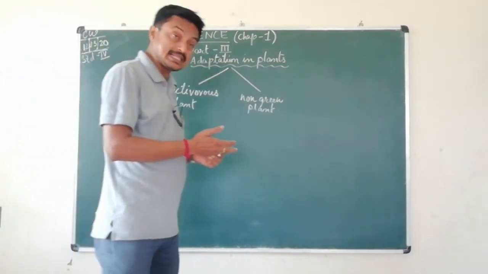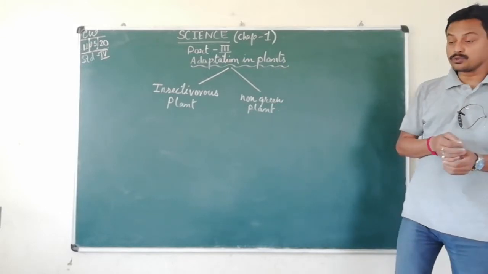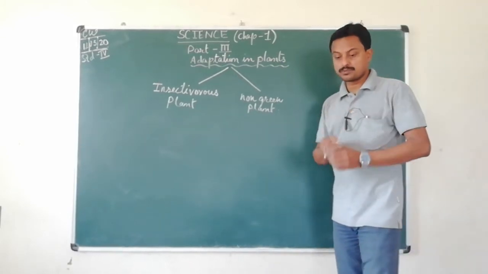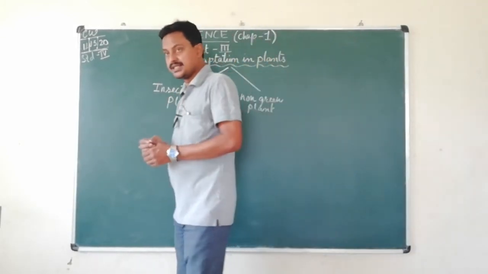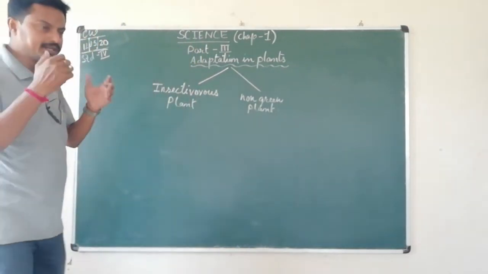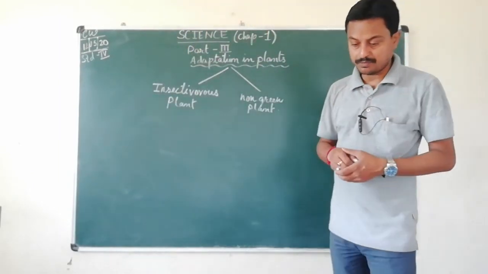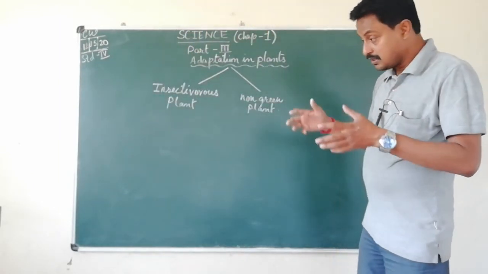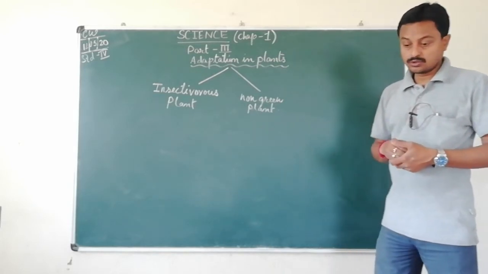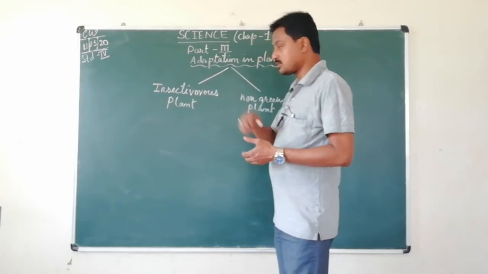The soil is acidic in nature, with too many acidic components. The climate is wet, with a lot of humid, damp conditions, and the soil is also wet. In such conditions, this kind of plant grows.